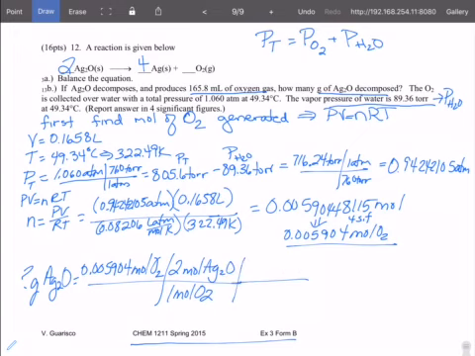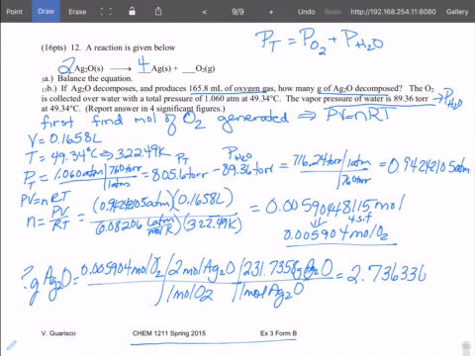And in order to do that, we had 1 mole of silver oxide is 231.7358 grams of silver oxide, and that's 273.6336 grams of silver oxide.